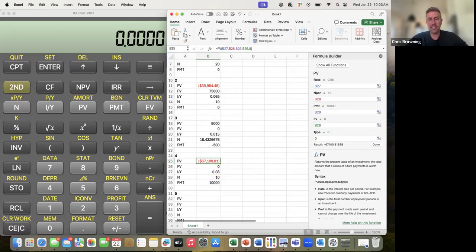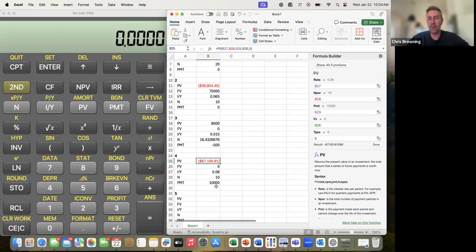Okay, so let's talk about this answer. I think this will make sense now that we have it calculated. Let's think about a client in retirement. If the client needed $10,000 per year in retirement over a 10-year period, and they thought they could earn 8% on their invested money, then they would need to have $67,100 invested to accomplish this goal.